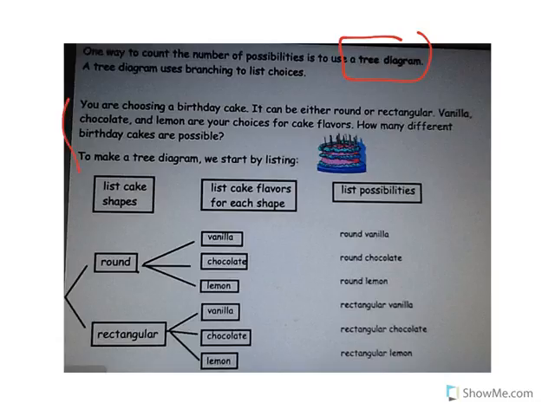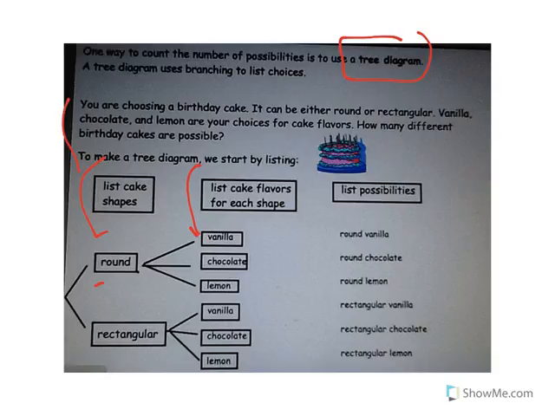So let's say you're choosing a birthday cake. It can be either round or rectangular. It can be vanilla, chocolate, or lemon, and those are the choices for the flavors. So how many different birthday cakes are possible? First thing you can do, doesn't matter the order you do it, but list cake shapes, round or rectangular, and then for each of those, there's 3 possibilities.